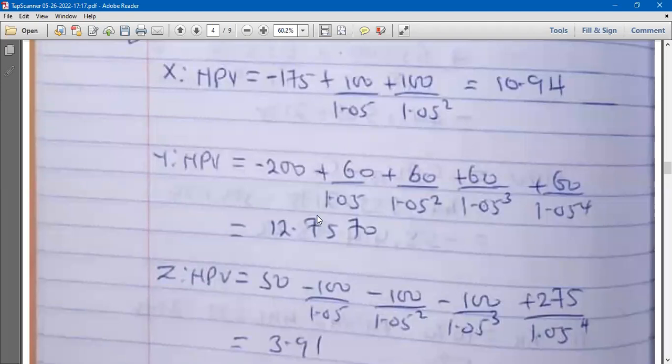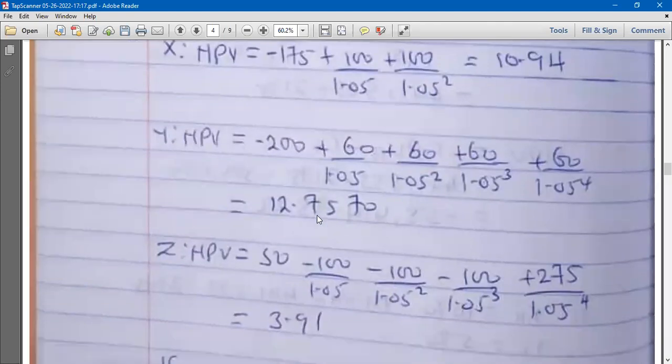I didn't do it for the 10%, but it's more likely that the decision will change when you have a different interest rate. So you do it for the case where the interest rate is 10%. We'll see what you have to do there.